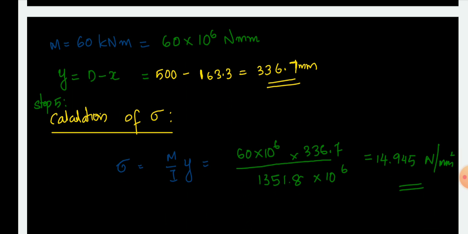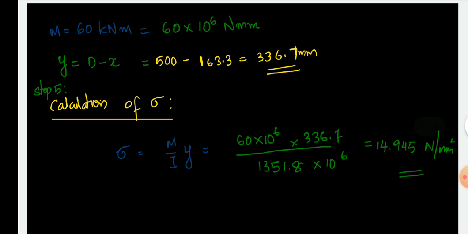The next is bending moment, given in the question as 60 kilonewton meter. Y is given by D minus X. Y means the depth of neutral axis from the other side, that is compression side, given by D minus X. The next is the calculation of stress at the point of consideration.